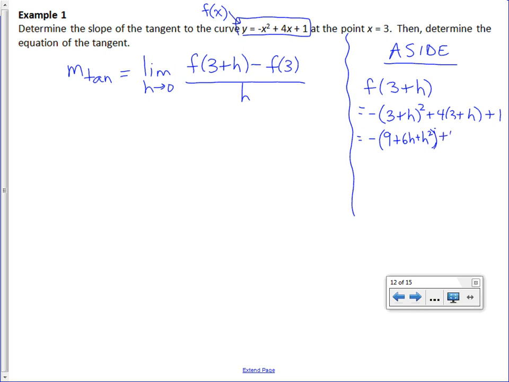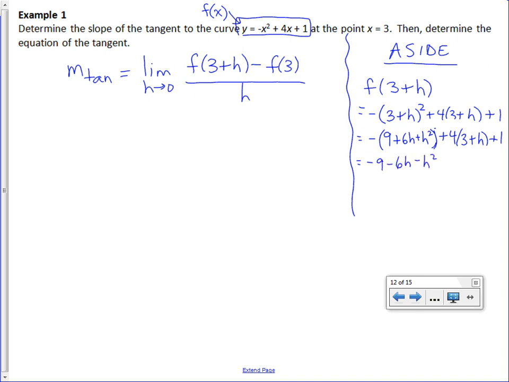And then I'm just going to copy this, because this is my order of operations in my head. If I have any binomial squared, I'm going to deal with expanding those first. Then I'm going to deal with any distributive property, and then I'm going to collect. So 3 steps. I have to distribute this negative, so negative 9 minus 6h minus h squared.